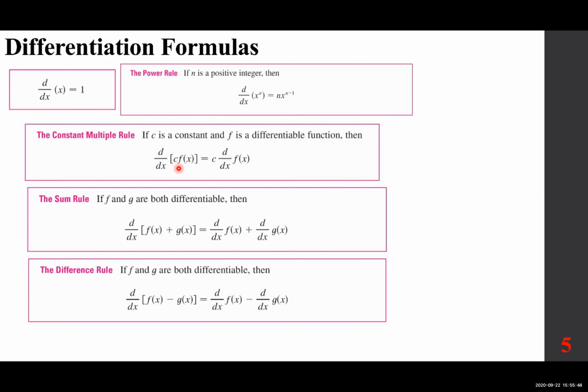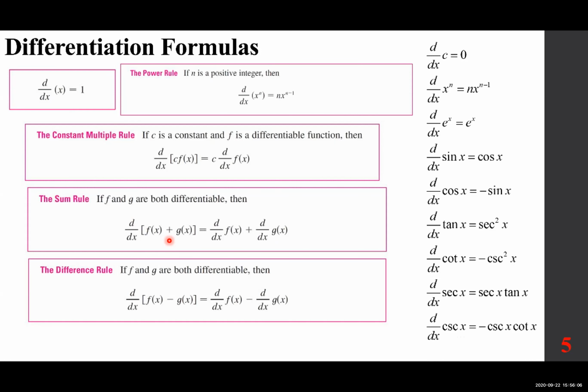The constant multiple: if you have a constant times a function, you can take it out. If you have a couple of functions and you're differentiating, separate them, as addition and subtraction makes no difference, okay? And here's some more formulas. Let's quickly recap, and we will look at the proof later on, okay, class?